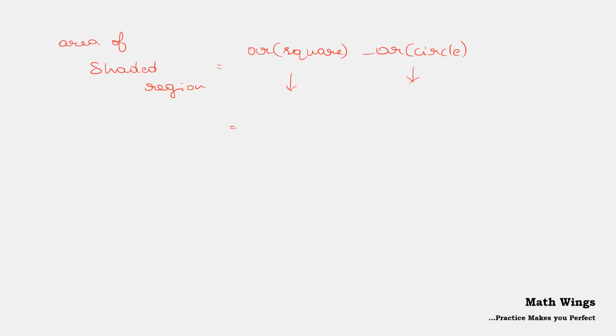It is 196 minus 154, and the answer here is 42 centimeter square, and this is the area of the shaded region.